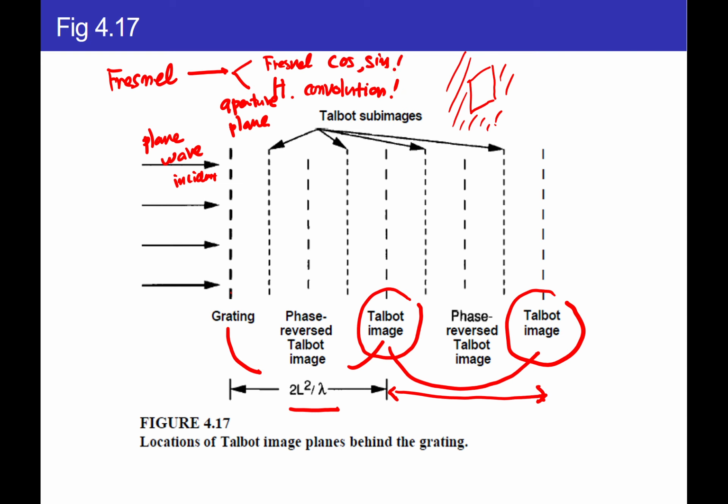So either way, we can do it. We will try to talk about how to actually calculate this Fresnel and Fraunhofer diffraction with MATLAB in the next class.